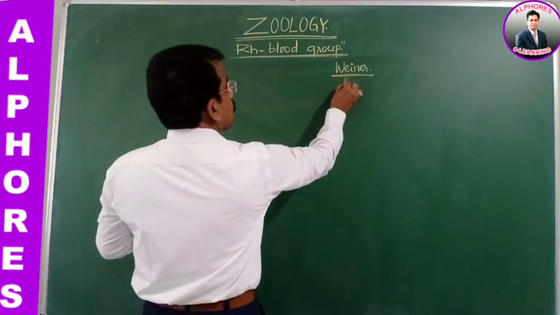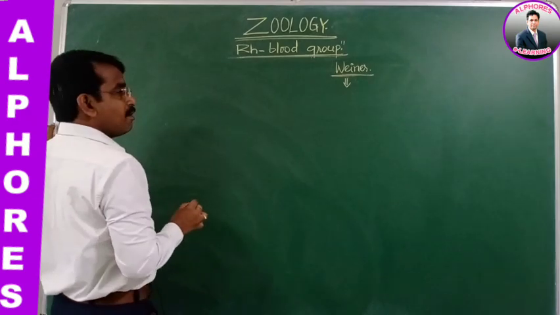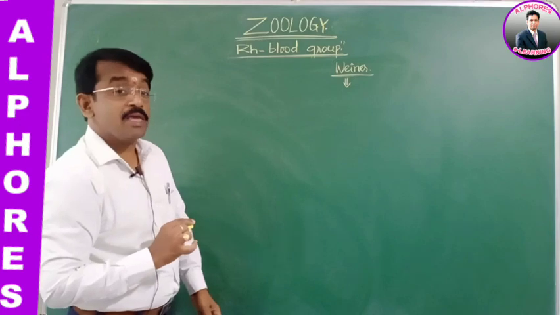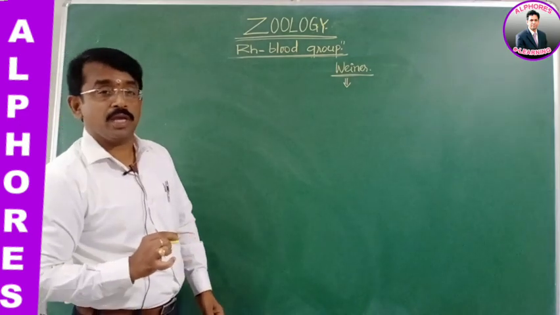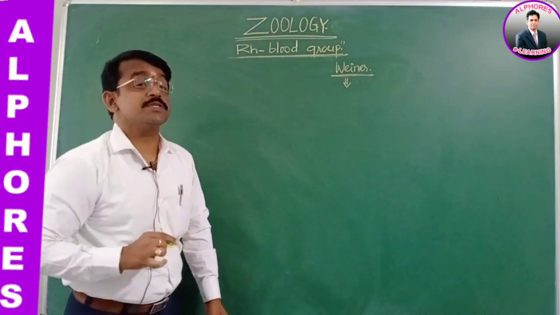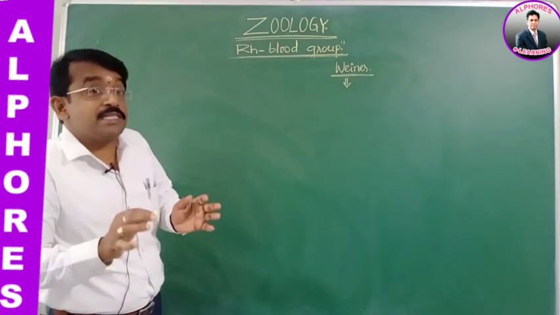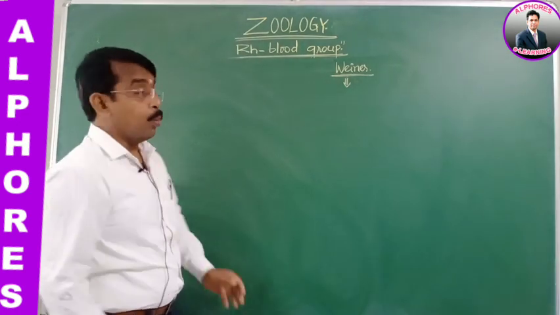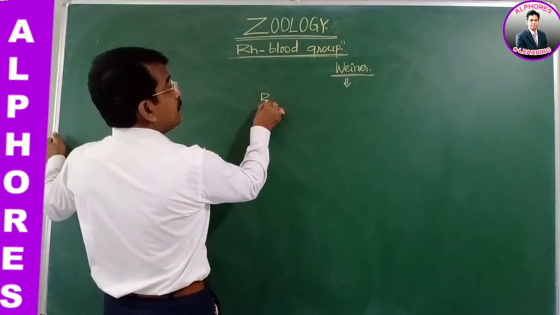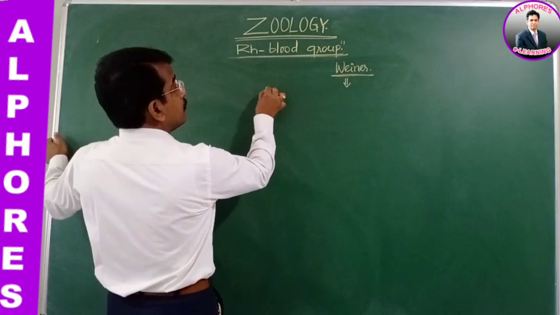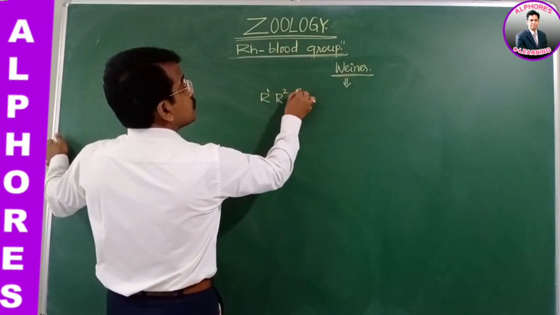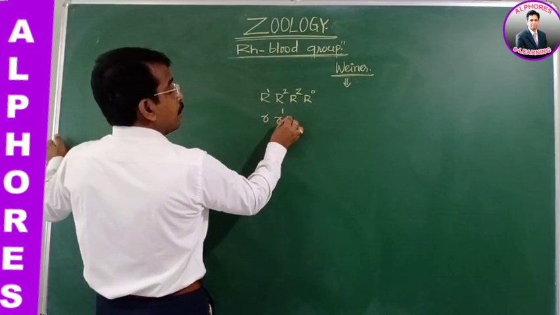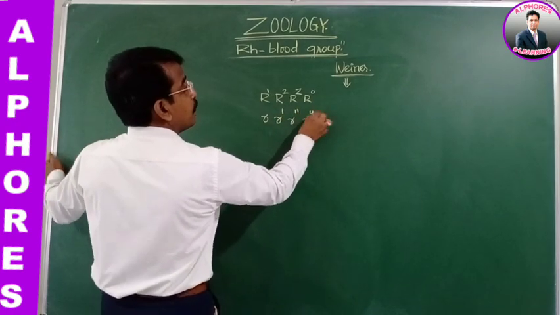According to Wiener, there are 8 alleles present in a single locus. A locus means the place where a gene is present. 8 alleles are responsible for the Wiener nomenclature, where the dominant alleles are R, R1, R2, RZ and R0, and the recessive are small r, small r1, small r2 and small ry.